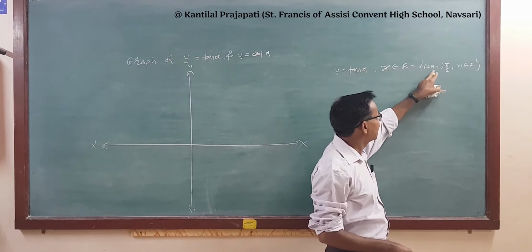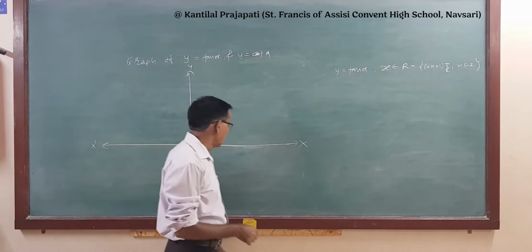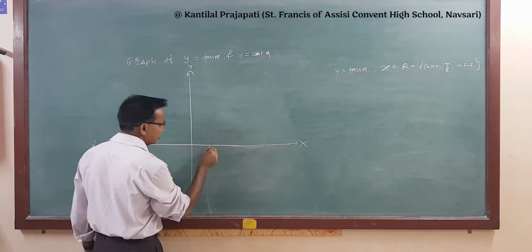So we put the values here: plus pi by 2, then pi, then 3 pi by 2, then 2 pi. On the left side we get negative numbers: minus pi by 2, here minus pi, then minus 3 pi by 2 and so on.